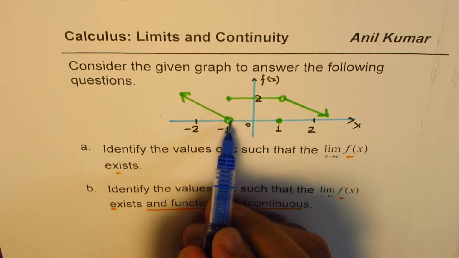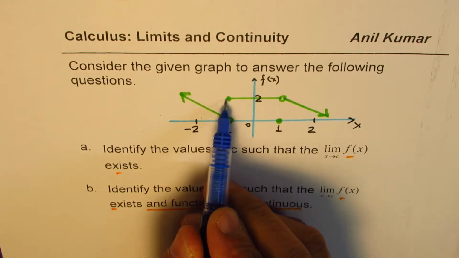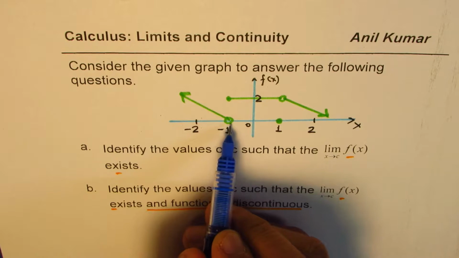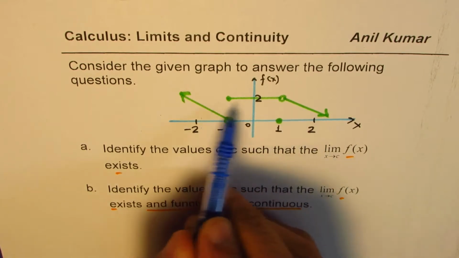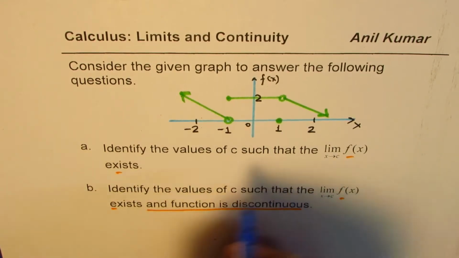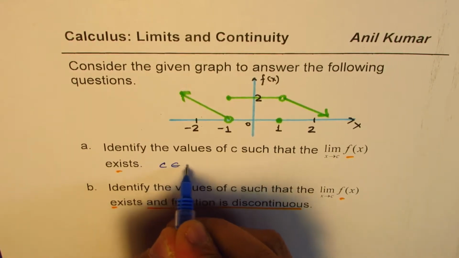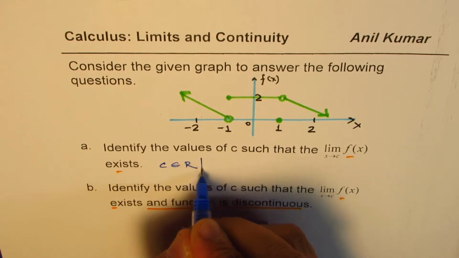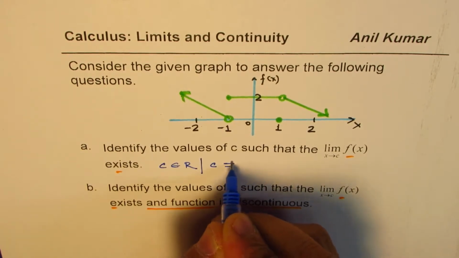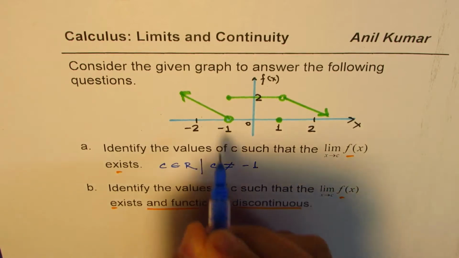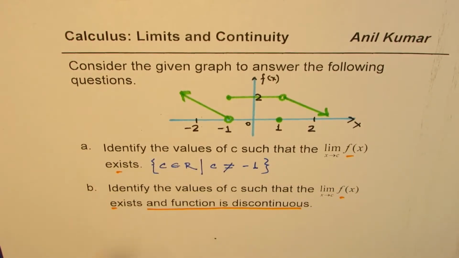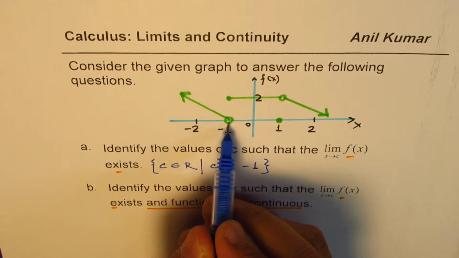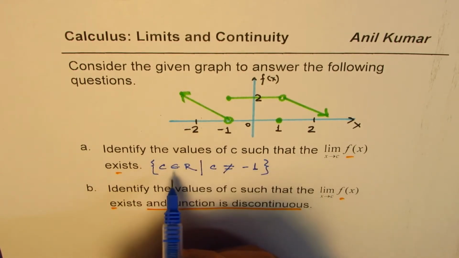Here we have a jump discontinuity, so the limit does not exist in this case. These two arrows indicate that the domain is all real numbers. So we can write that c belongs to real numbers where c is not equal to minus 1. That is the solution for part A, because at minus 1 the limit does not exist.